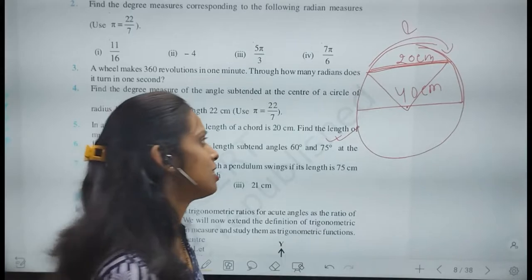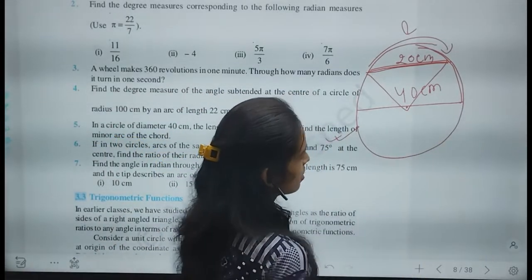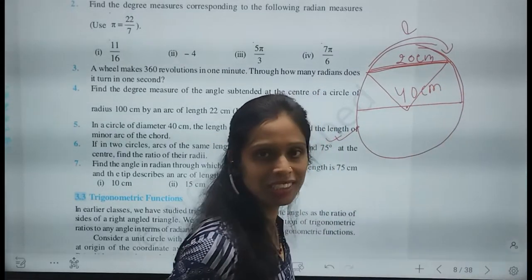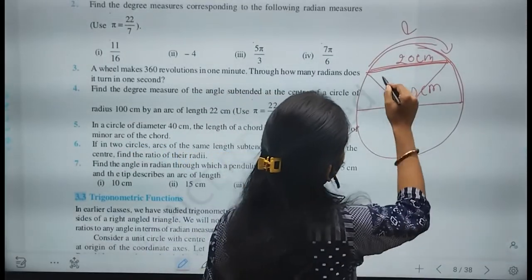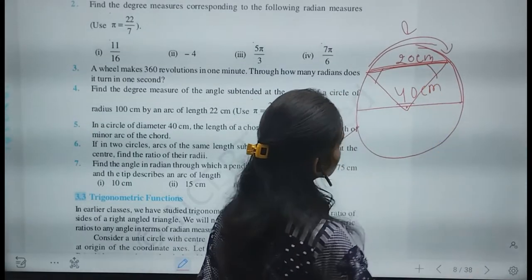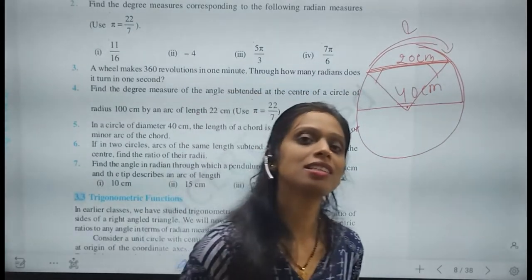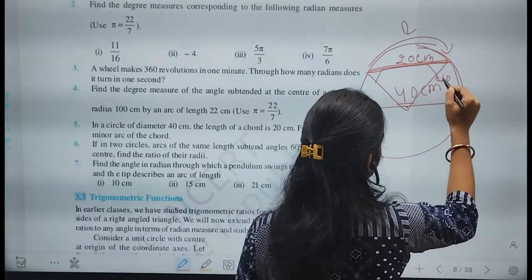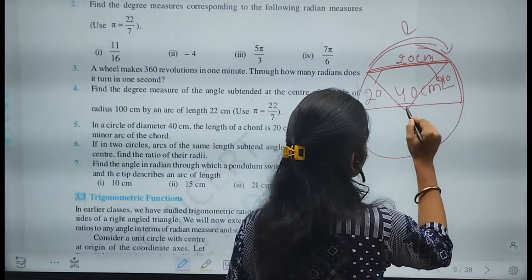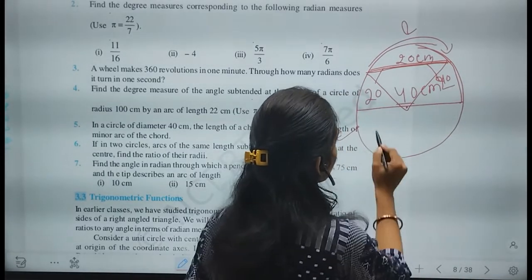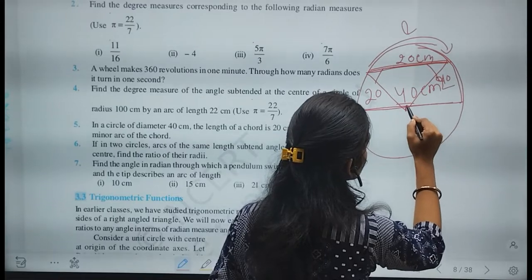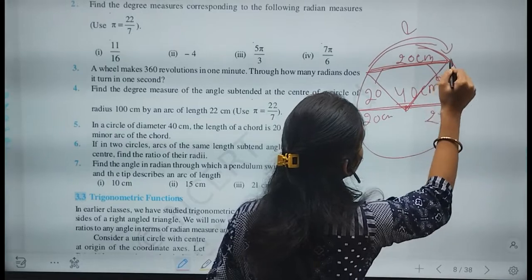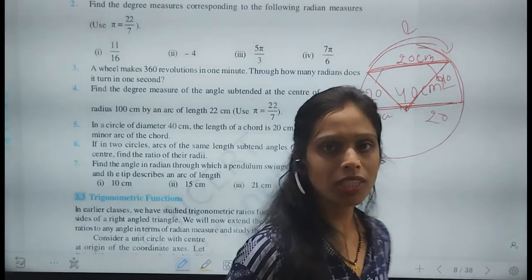How will you find out? It's so simple. Because you can see here that this is 20. Then all sides will be the same, because you know the diameter is 40, so this is 20, this is also 20, and this is also a radius, also 20.